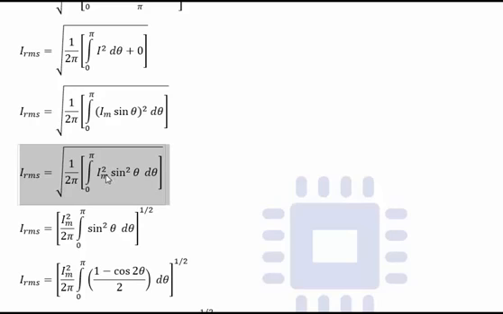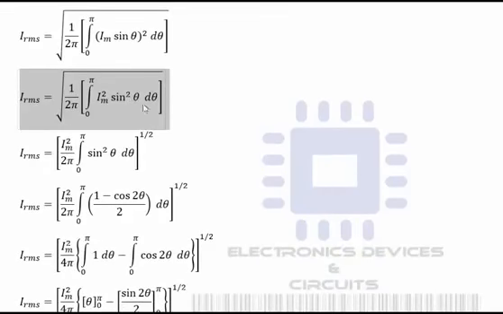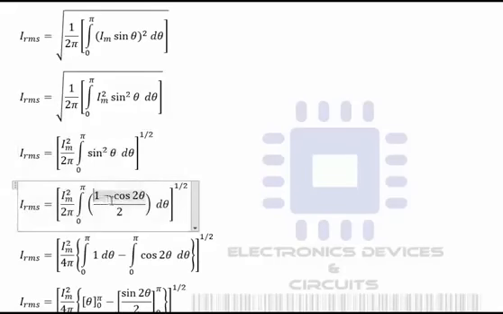So this Im square is constant, so it will be taken out of the integration, and again for sin square theta, integration is not possible unless you remove the square sign here. So the expansion of sin square theta is equal to 1 minus cos 2 theta by 2, because direct integration of sin square theta is not possible. So we have to use this equivalent of it.